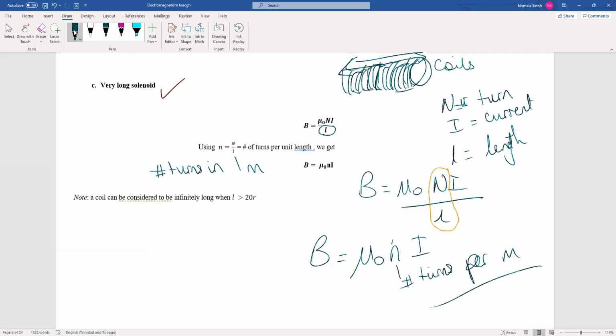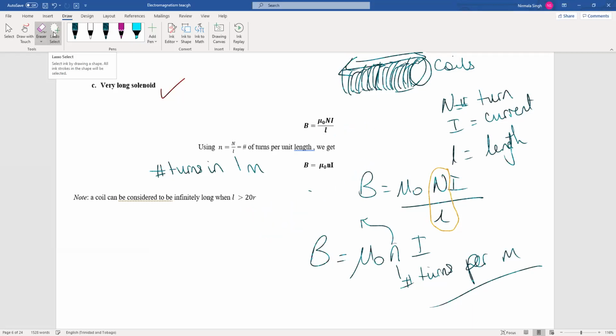Now, there's a way to learn how to work with this, and we're going to encounter this in questions, because sometimes they tell you it has 500 turns in 20 centimeters. And that's where you have to learn to determine whether you're going to use small n or N over L. Both ways, we're going to see how to use them, so don't worry about it too much.